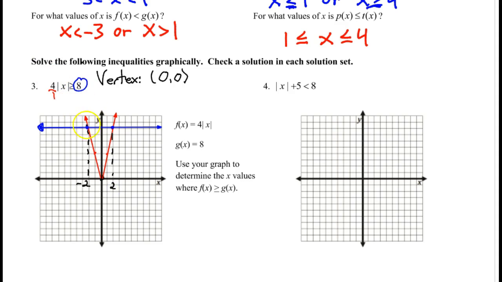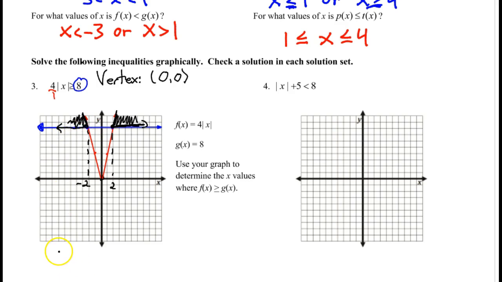So we want to know where is this absolute value function above the horizontal line? So that would be going up this way. All this right here and all this over here. This is all above the horizontal line. So anything starting at 2 and going this direction, anything starting at -2 and going this direction.